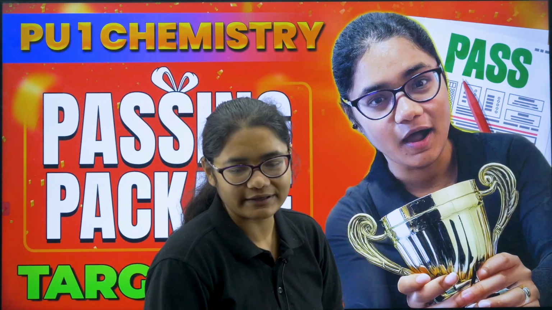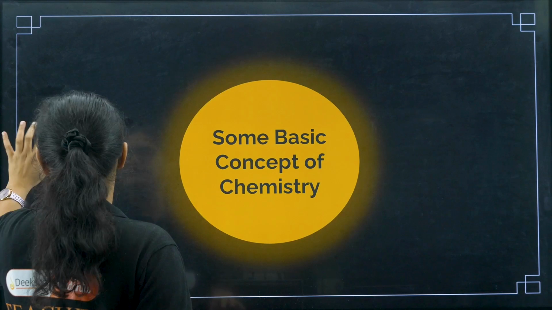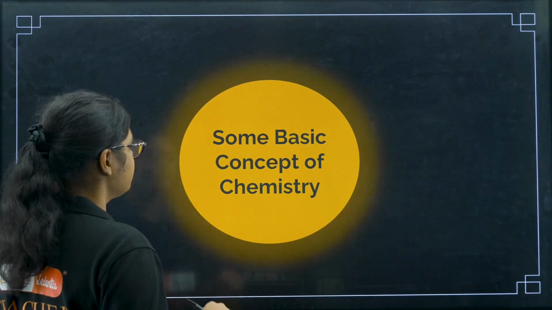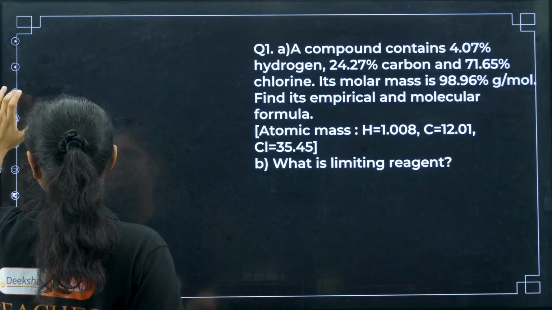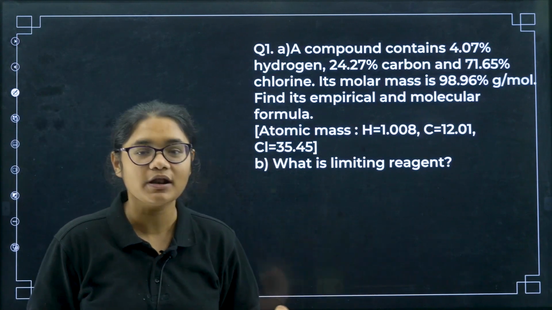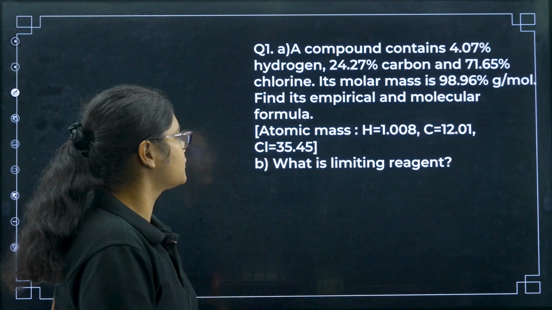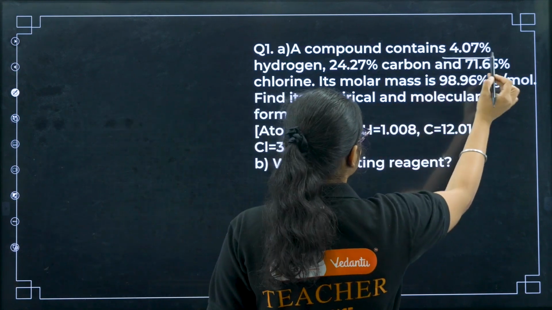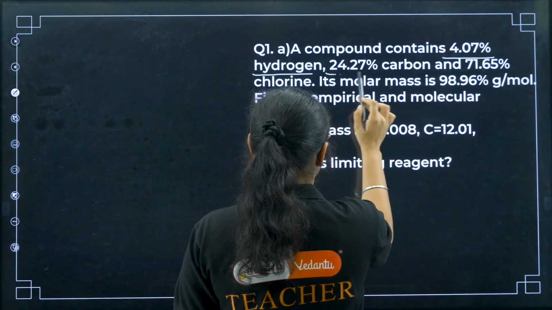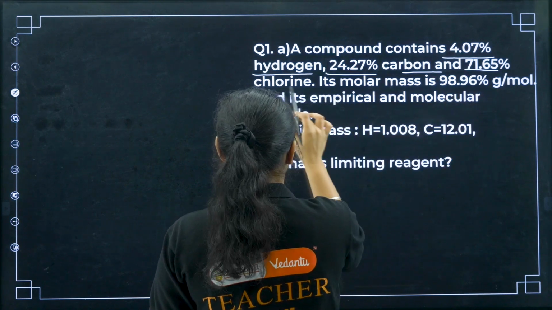Now let us start with the first question, from the first chapter, some basic concepts of chemistry. This is a must question. You can easily expect it, from the empirical formula and molecular formula concept. The question says that a compound contains 4.07% hydrogen, 24.27% carbon and 71.65% of chlorine.